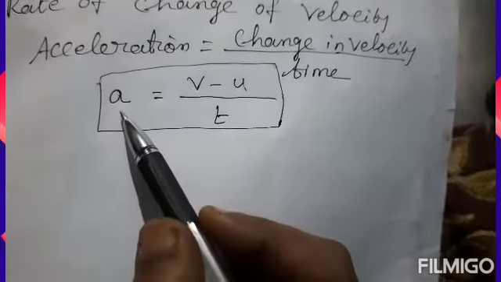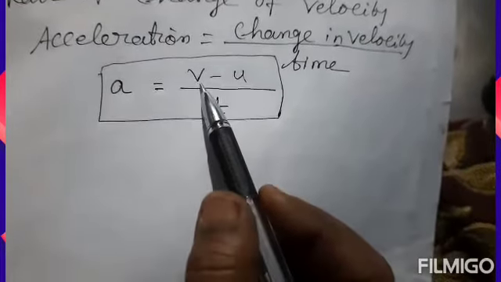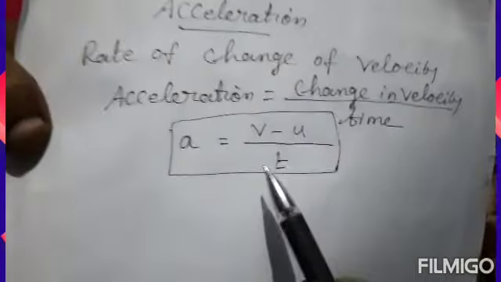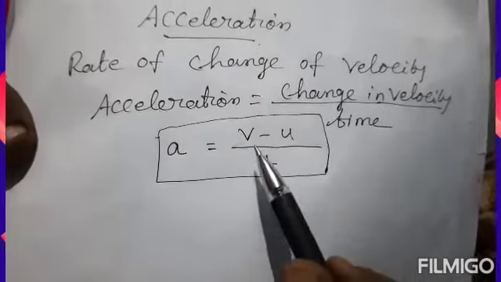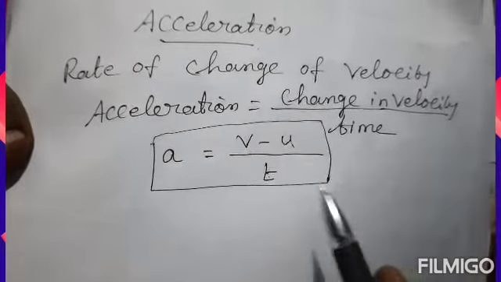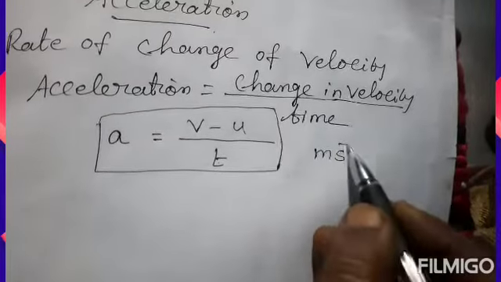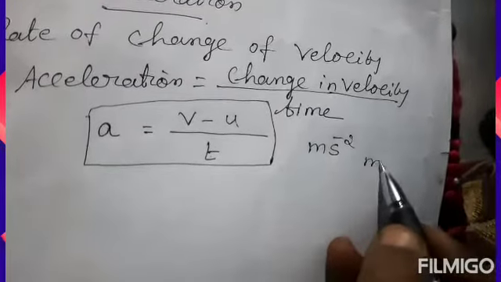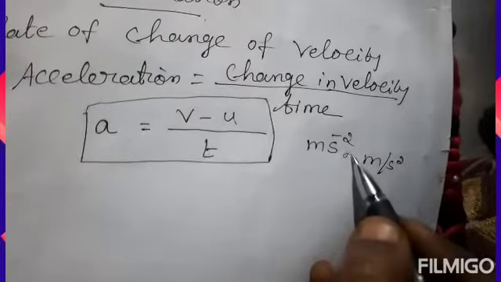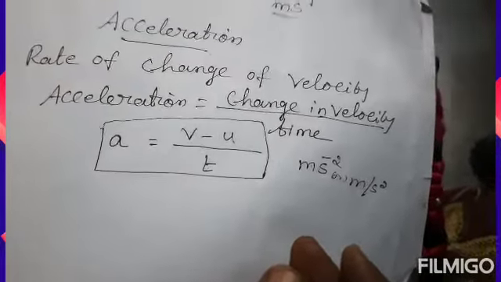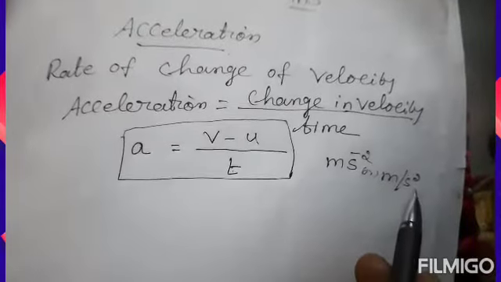What is a? a is acceleration, v final velocity, u initial velocity, t time. What is the unit of acceleration? Meter second power minus 2 or meter per second square.